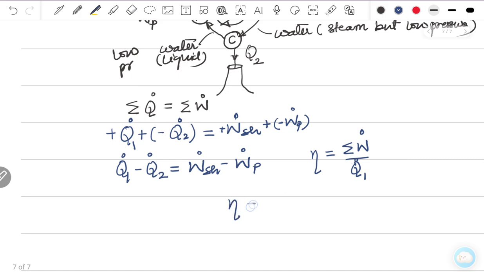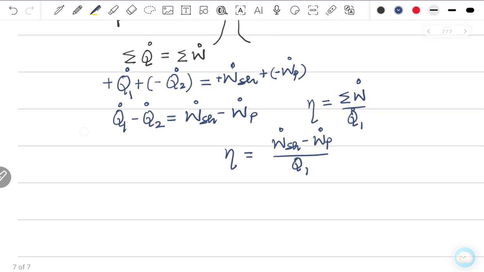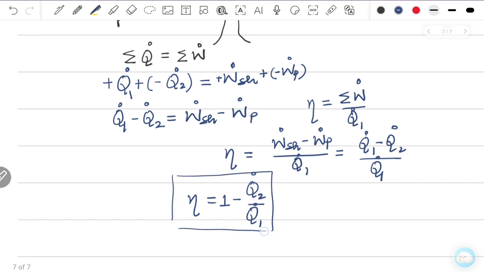So this eta will be equal to W dot shaft minus W dot P divided by Q1 dot. Now W dot shaft minus W dot P is nothing but Q dot 1 minus Q dot 2, divided by Q dot 1. So this can also be written as 1 minus Q2 dot by Q1 dot. In this way, efficiency can be written in terms of heat transfer.